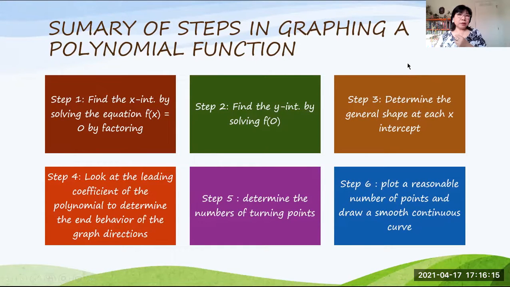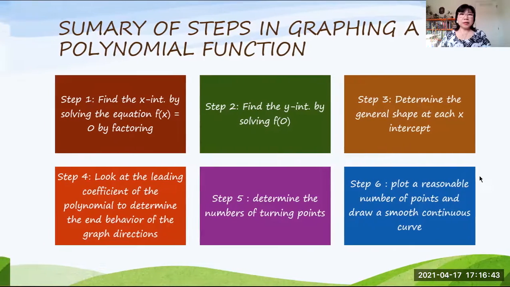We start from quadrant 3 and go up, or we start from quadrant 2 and go down. So that's the idea of this step 4. Step 5, determine the number of turning points. And step 6, plot a reasonable number of points and draw a smooth continuous curve. So that is the 6 steps when you sketch the polynomial function.